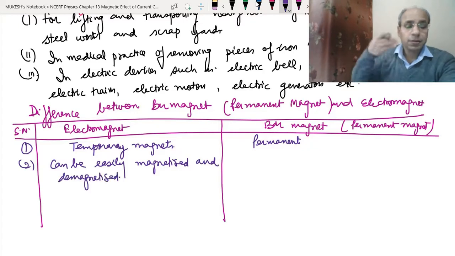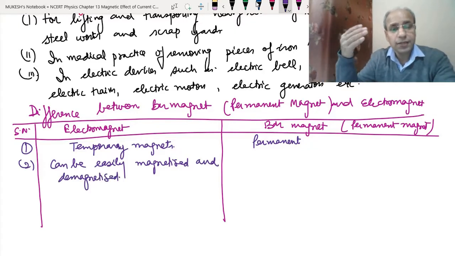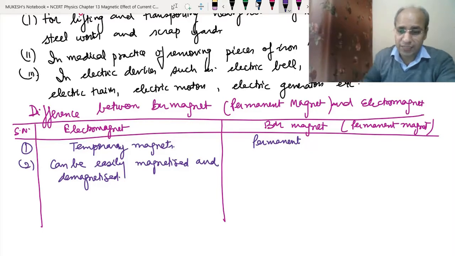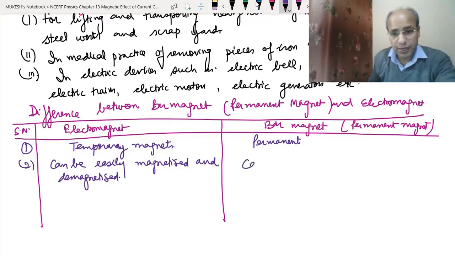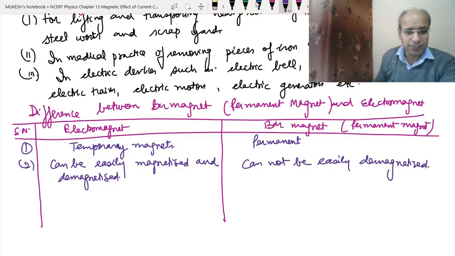We have already learned, when we switch on the current, it magnetizes very easily, and when we switch off the current, it demagnetizes easily. Here it cannot be easily demagnetized. It does not lose its magnetism very easily.